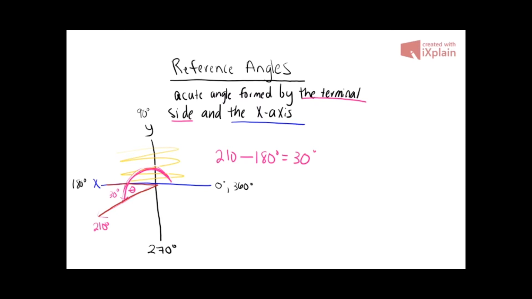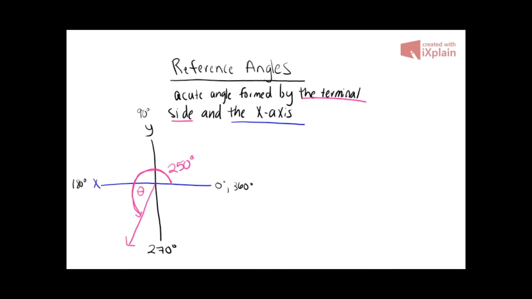So why don't you give it a try? I'll give you a couple examples that you can try. So try this angle here, which I'm going to call 250. Pause it and give that a try. So for this angle, we went all the way past 180 and some angle more.